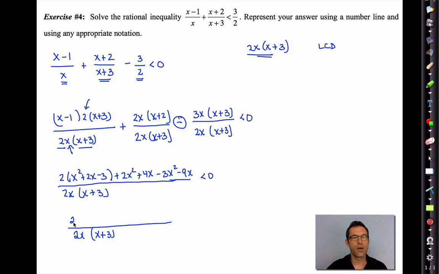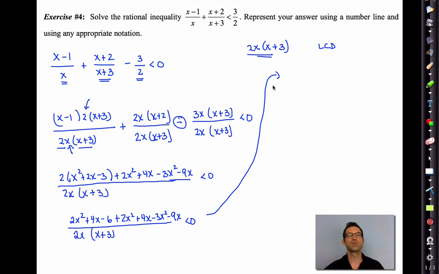Here we'll have 2x squared plus 4x minus 6 plus 2x squared plus 4x minus 3x squared minus 9x is less than 0. Wow. We're not going to have any room to just do the inequality here. So let's combine like terms in the numerator.